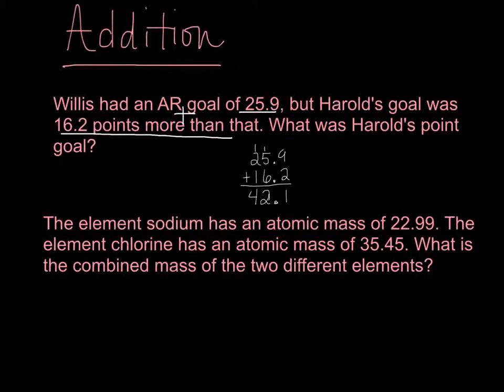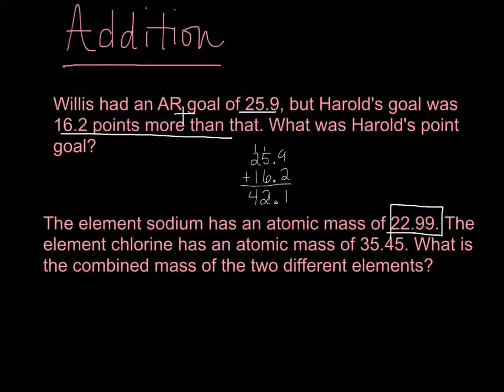The next addition example is the element sodium has an atomic mass of 22.99, or 22 and 99/100ths. The element chlorine has an atomic mass of 35 and 45/100ths. What is the combined mass of the two different elements? Okay, we're going to start underlining what we know. First, we know that sodium has a mass of 22 and 99/100ths.